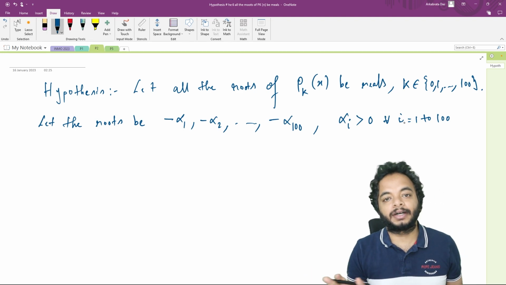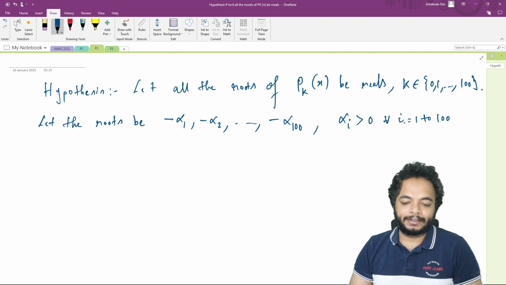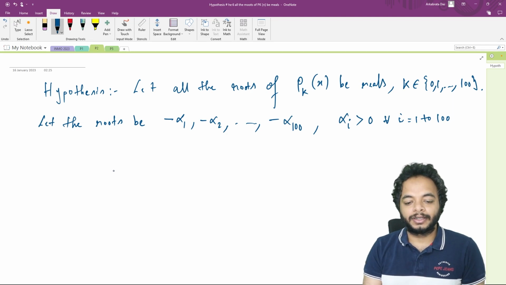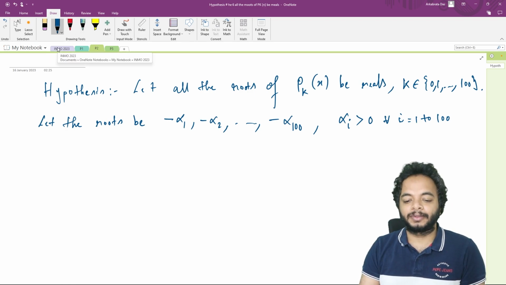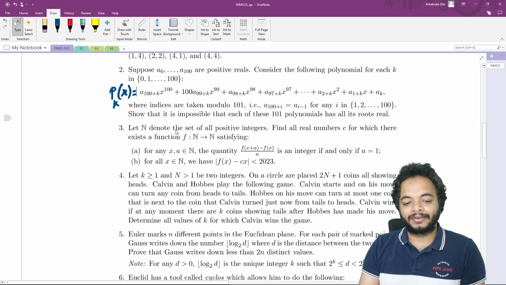So these are the 100 roots, and since the alpha i's are positive, we can perform the AM-GM inequality. Why are we doing that? Because the idea is that this coefficient is basically related to the sum of the roots, right?